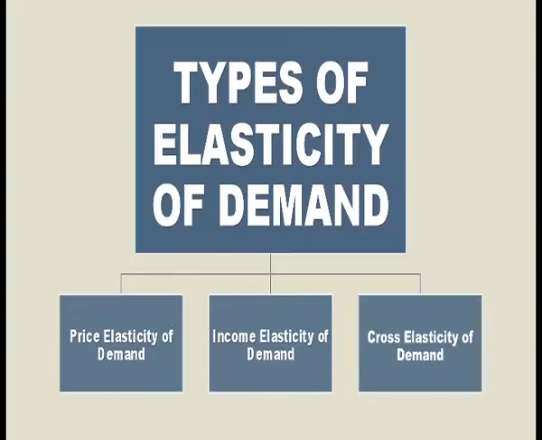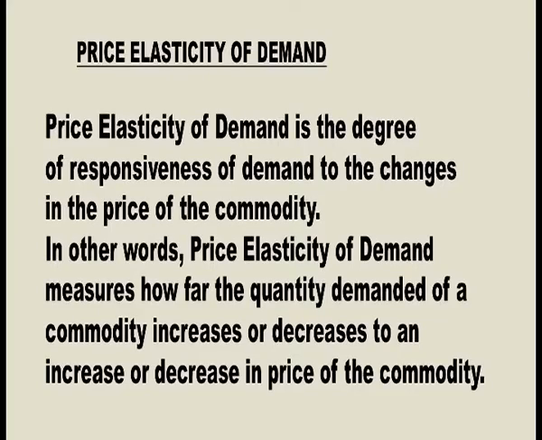Again, once more, we can see the types of elasticity of demand. According to the factors affecting the demand for a commodity, we have three types of elasticity of demand: price elasticity of demand, income elasticity of demand, and cross elasticity of demand. What are they? First of all, price elasticity of demand. What is price elasticity of demand?